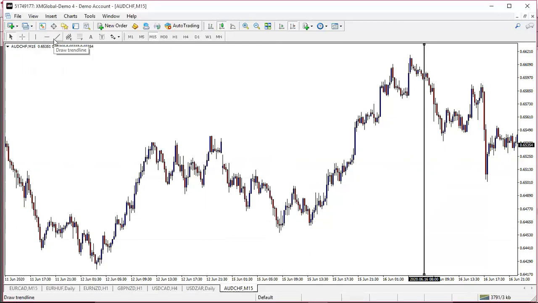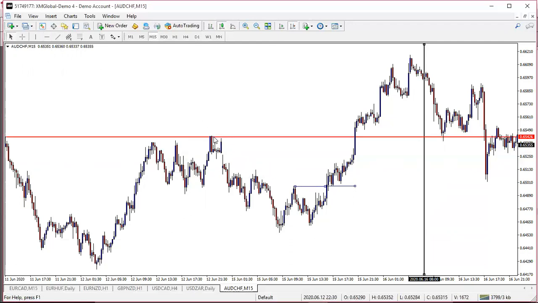And then it had to break the neckline first. Close above the neckline. So you could go for an entry point a little bit earlier, or you could wait for that retest. Target at the highest swing peak. I'm going to use this one because this one is too close.